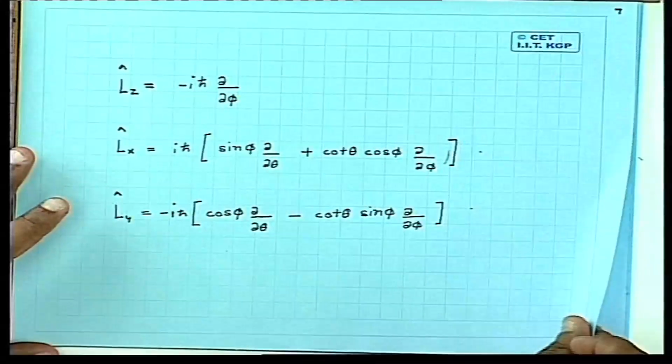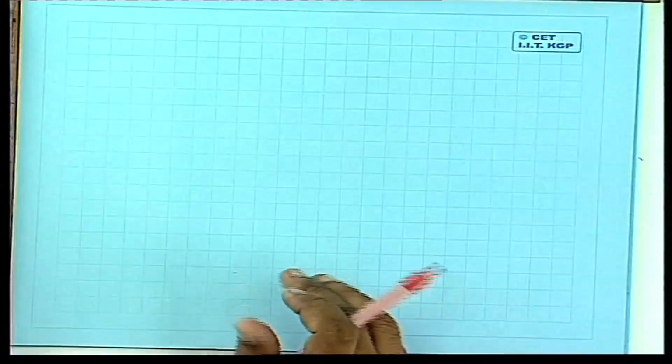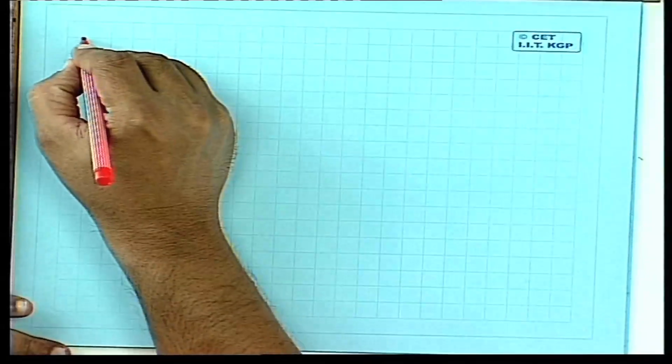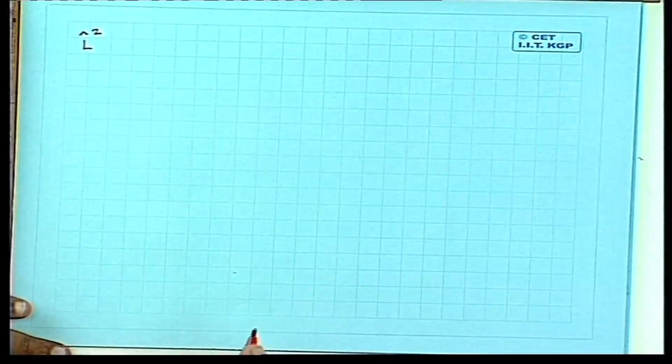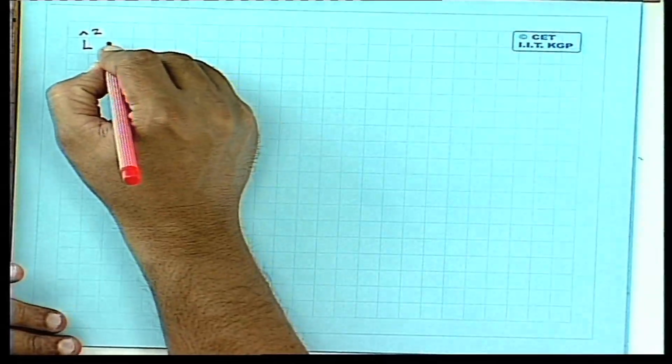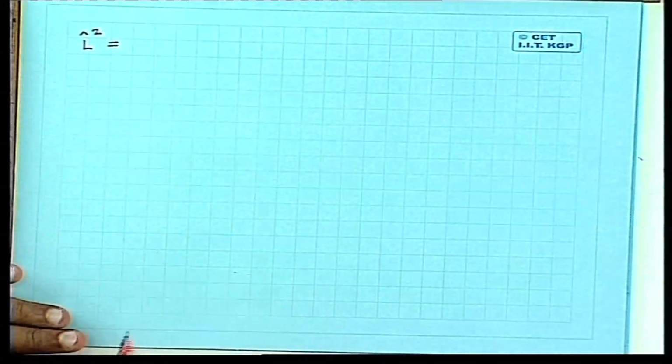Then we had started out to calculate L squared, the operator L squared in the spherical polar coordinate system. So let us work out what the operator L square is in a spherical polar coordinate system today.